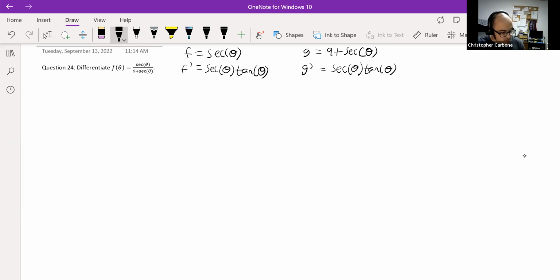So we are going to use the quotient rule for this. So f prime of theta is going to be the secant of theta times the tangent of theta times 9 plus the secant of theta.